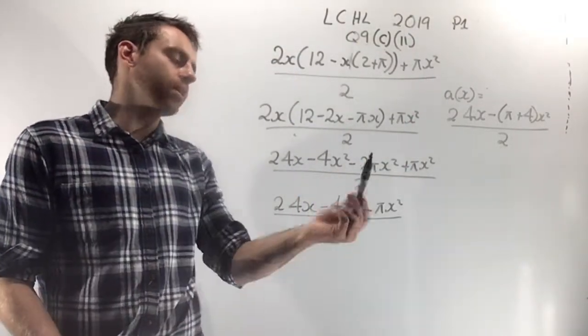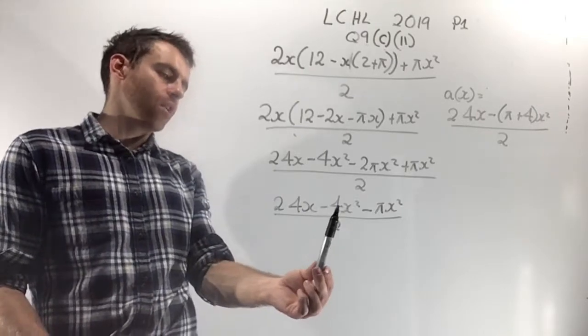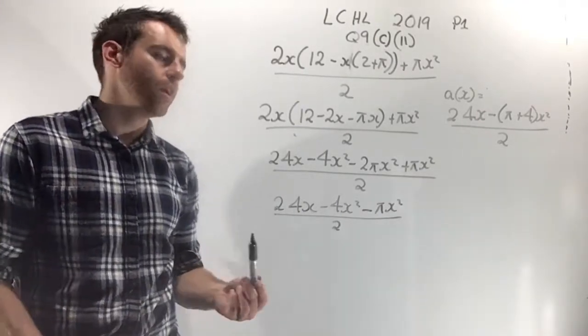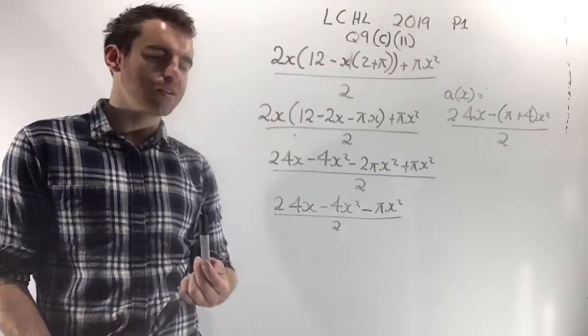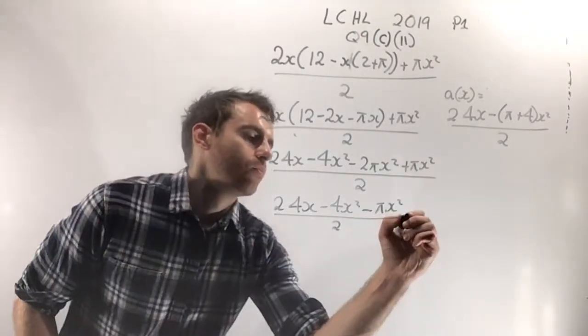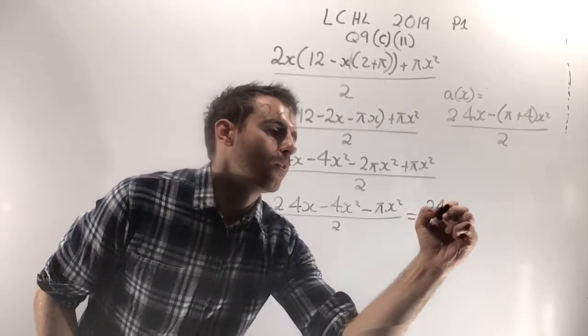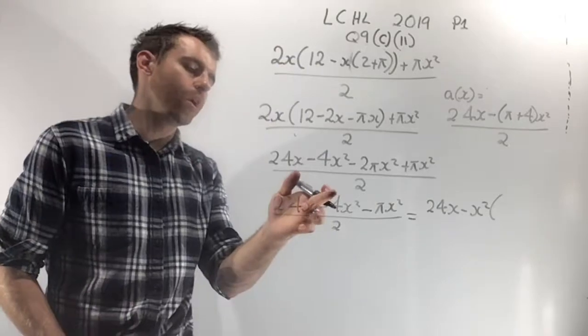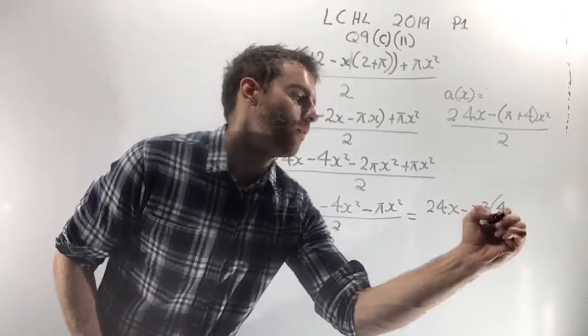All they've done here is, you need to notice that what's common to the last two terms on the top is minus x squared. So we factorize out a minus and an x squared. I can rewrite this as 24x minus, let's say we factorize out minus x squared. Minus x squared out of the first term gives me 4.